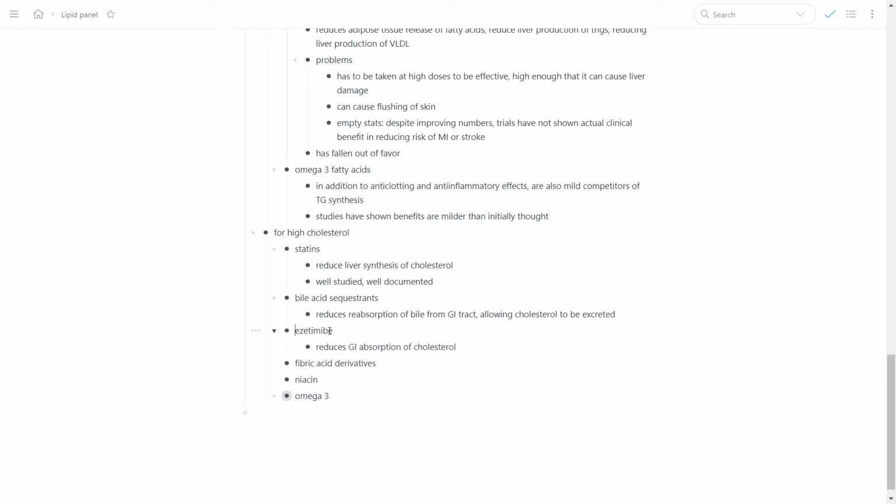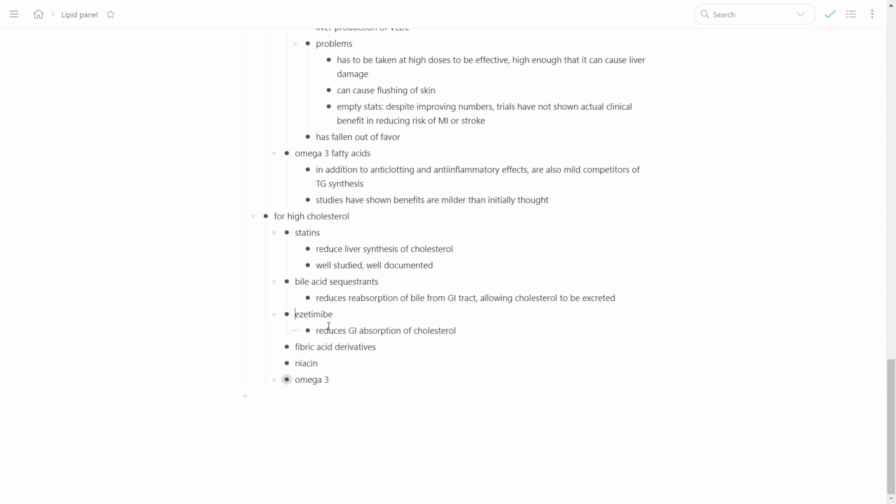Next up is ezetimibe, and that reduces GI absorption of cholesterol from food. Both bile acid sequestrants and ezetimibe act on the GI tract, and they both cause cholesterol to be excreted in the stool.